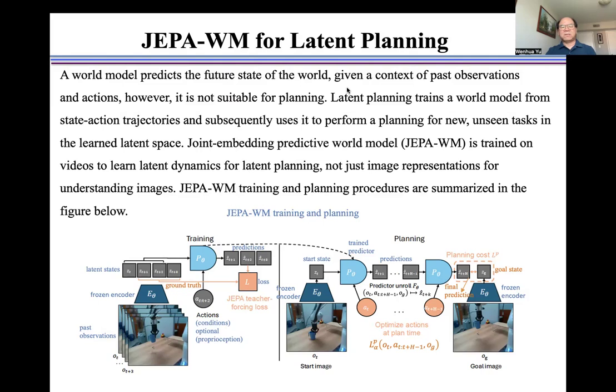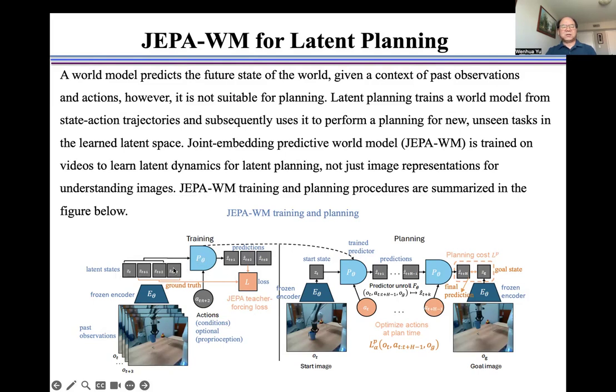JEPA-WM training and planning procedures are summarized in the figure below as shown here. This is a training procedure and this is a planning procedure. In the training procedure, this is past observations, this is a frozen encoder, and these are latent states.